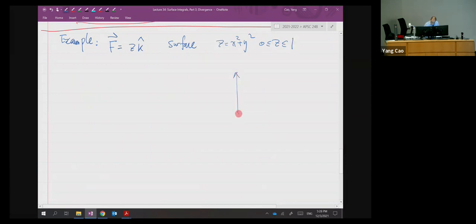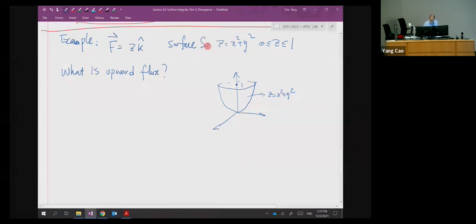Once you have this surface, you should be able to sketch it. It's a paraboloid, because z is between 0 and 1, so the top surface is at 1, and the side is z equal to x squared plus y squared. We need to calculate the upward flux through this surface S.